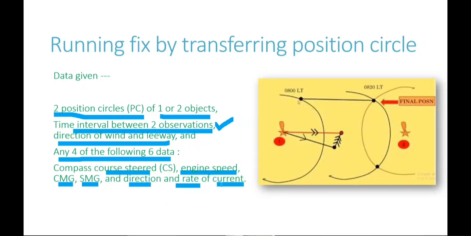So any four items out of these six are given. 90% of the time they will give you the course steered, engine speed, and the current data, set and rate. So with this, you can find out the CMG and SMG also. We are required to find out two positions of the ship at the time of the second position circle and the first position circle. So how do we go about it?